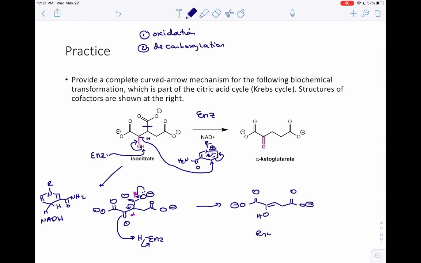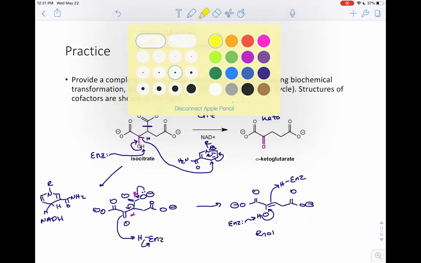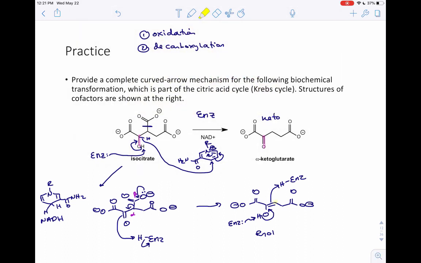So we have an enol, we need the ketone. The enzyme is going to facilitate an enol-keto tautomerization. It's going to accept that proton and reform the carbonyl and protonate at the alpha carbon to that ketone. So we're going to protonate right there. There we go.